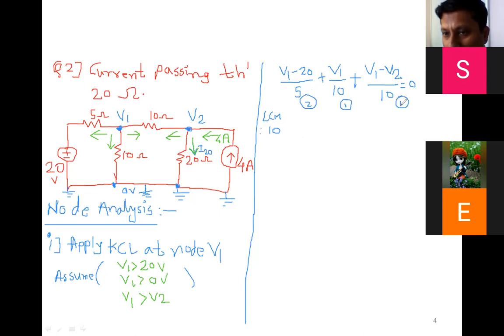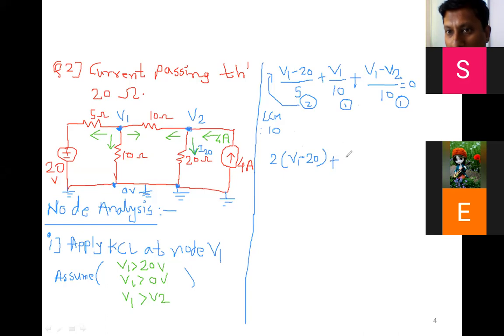So whatever I am writing in the circle at the below point, you can multiply with the respective numerator. I am talking about respective. That means you multiply with the numerator of the term below which it is written. So 2 into this bracket, 2 into V1 minus 20. Next plus as it is.